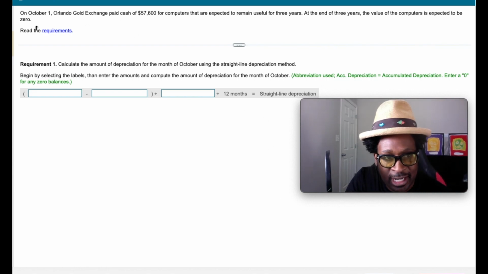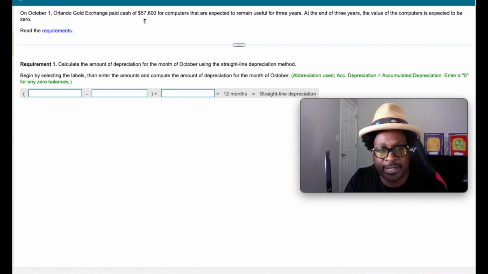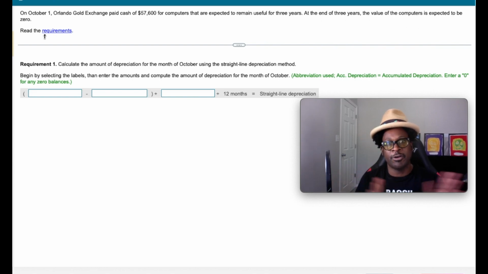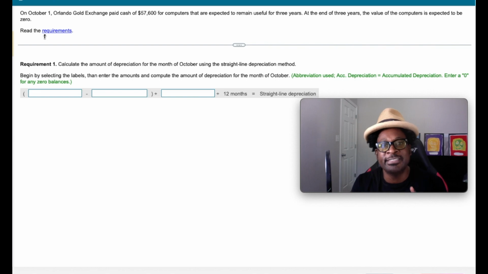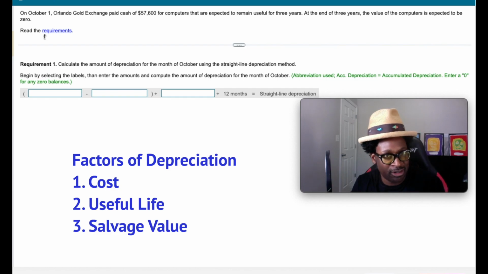It says on October 1st, Orlando Gold Exchange paid cash $57,600 for computers that are expected to remain useful for 3 years. At the end of the 3 years, the value of the computers is expected to be zero. So a lot of stuff going on, gang. But what we need to understand is that when we compute depreciation, there are three major factors. One, obviously, being the cost.